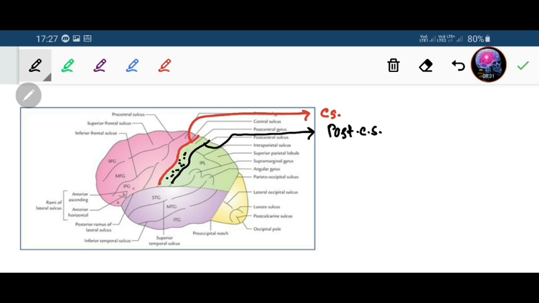So this area is known as post central gyrus. The rest of the parietal lobe is divided into a superior and inferior parietal lobule by an intraparietal sulcus.